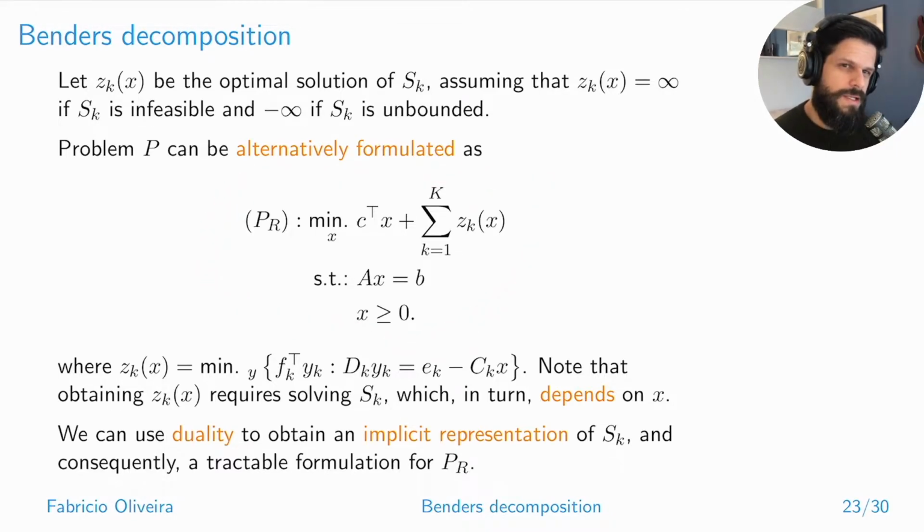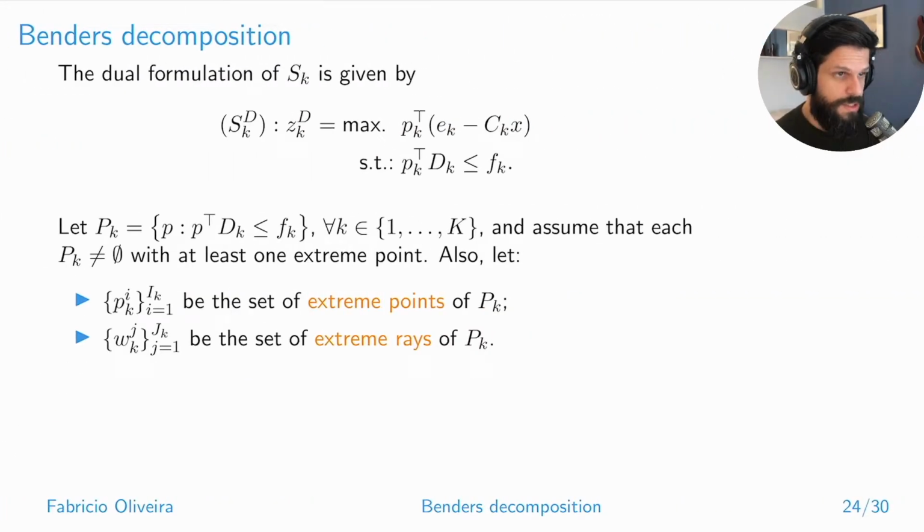Okay, and now you should be suspecting that whenever we're talking about implicit representation, we're going to, one way or another, invoke something like the representation theorem. But here it is. If we write the dual formulation for sk, represented here by SD for subproblem k, it looks like this.